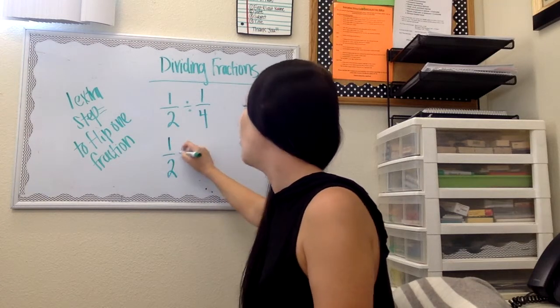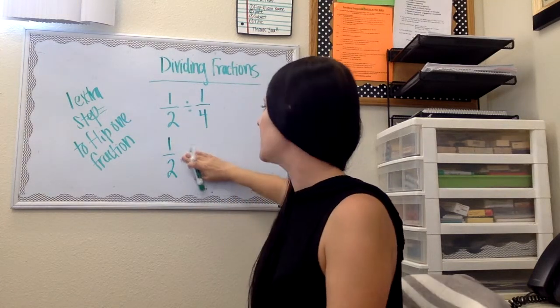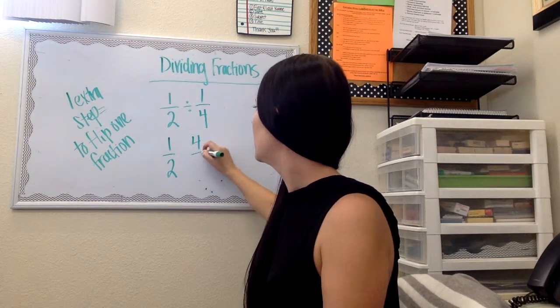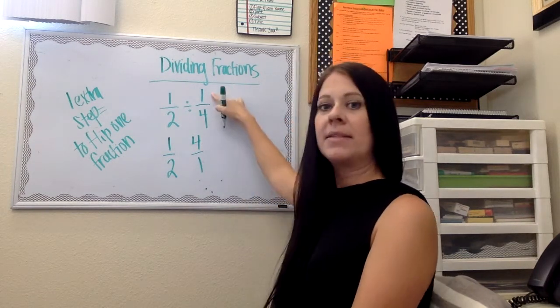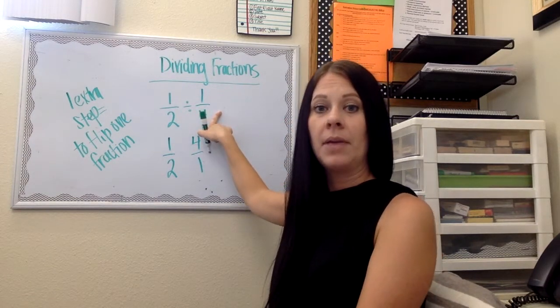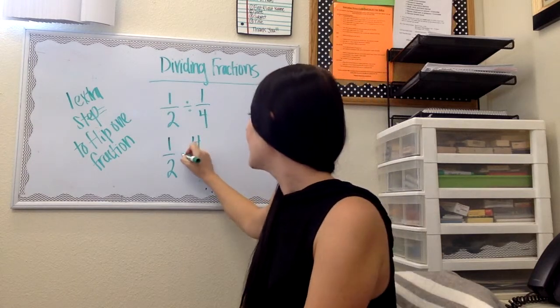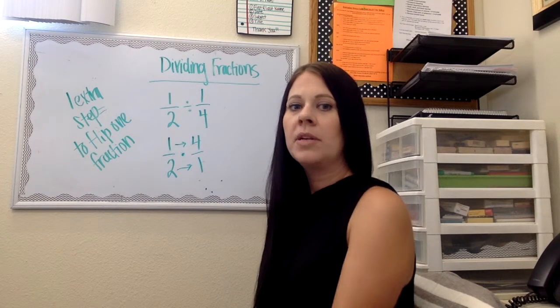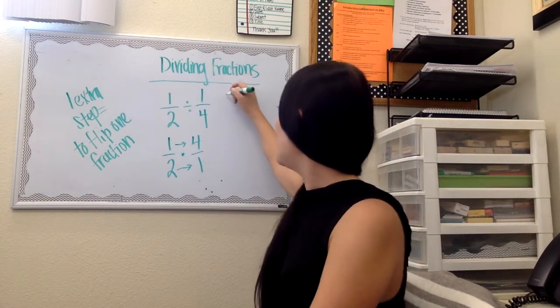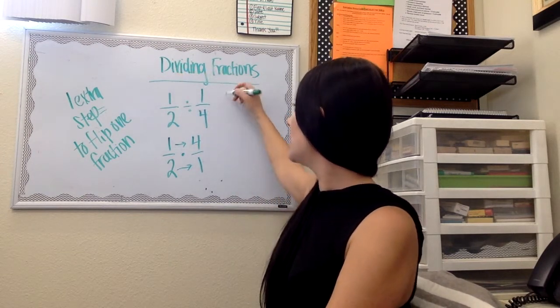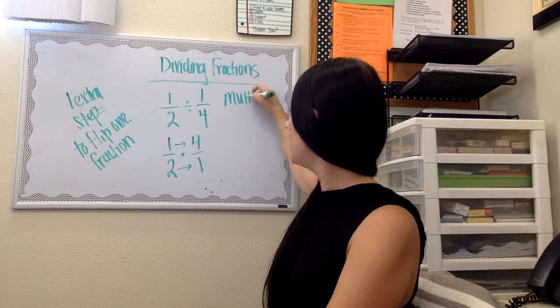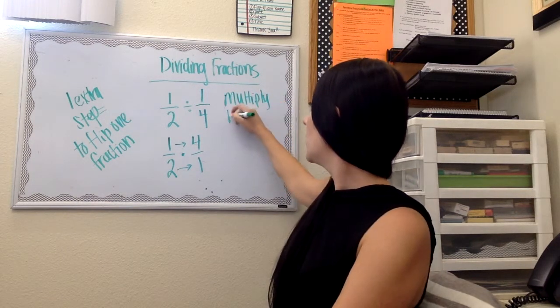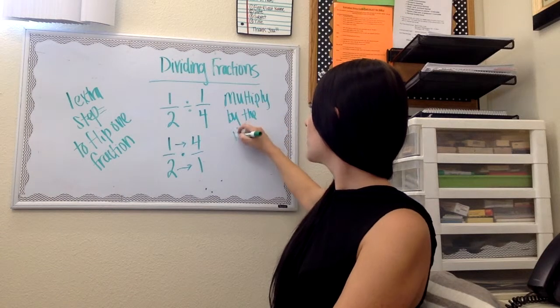So, doesn't matter which one you flip. I always flip the second one. See what I mean by I flipped it? I made it its reciprocal. Okay? And then, guess what? Now I just multiply straight across. So you're going to see in math books, instead of dividing fractions, they're going to say to multiply by the reciprocal.